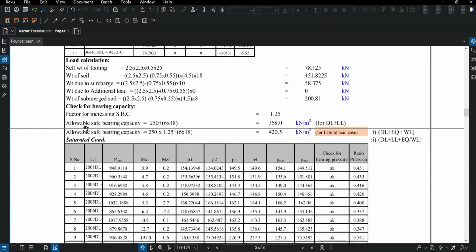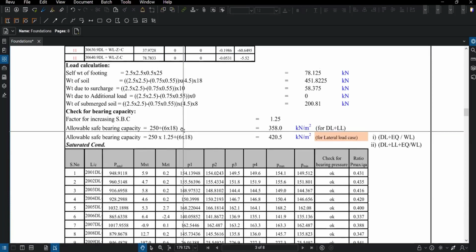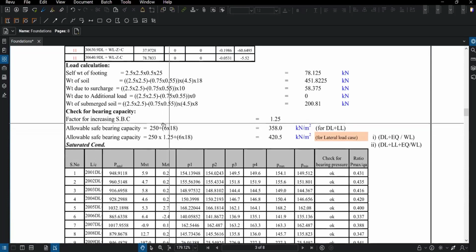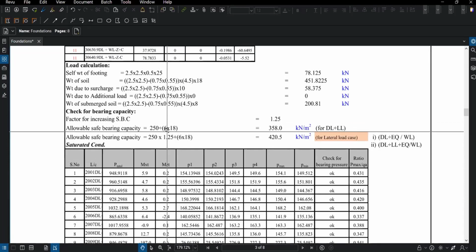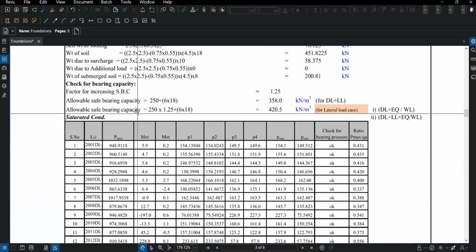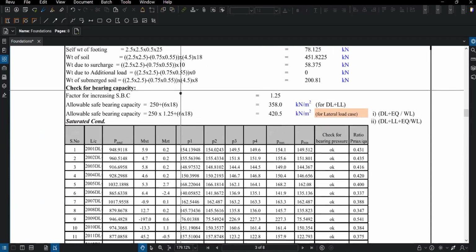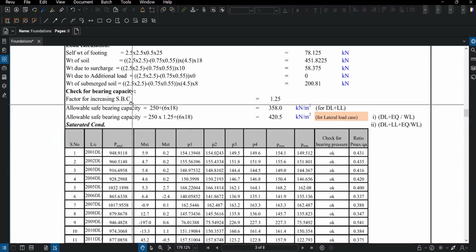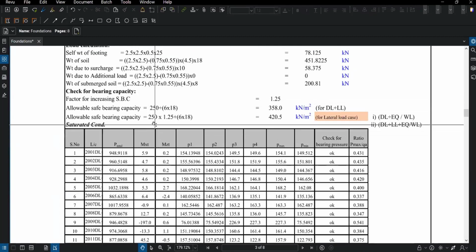And as I said previously, the bearing capacity that I had considered in my design considerations was a net bearing capacity, and now this is calculated as a gross bearing capacity. All right, so this amount of soil that is included for the gross and allowable safe bearing capacity for lateral load cases gets multiplied with the factor increasing for SBC.